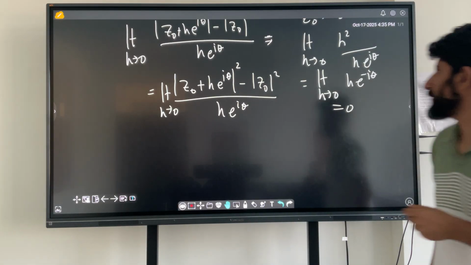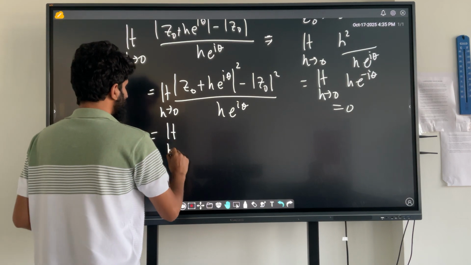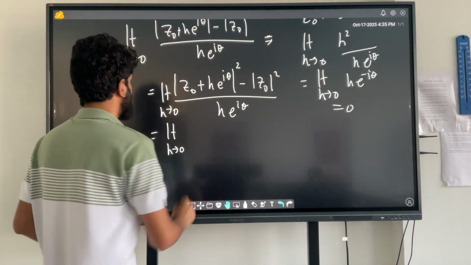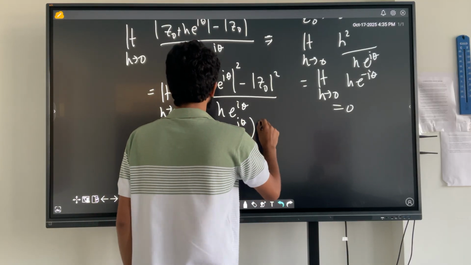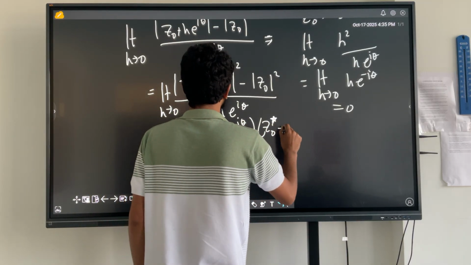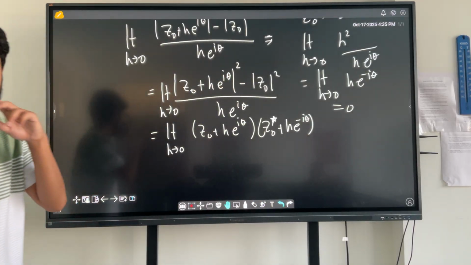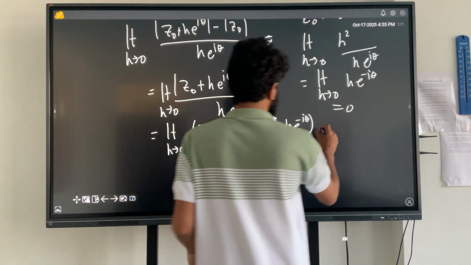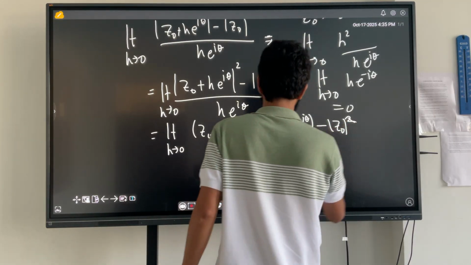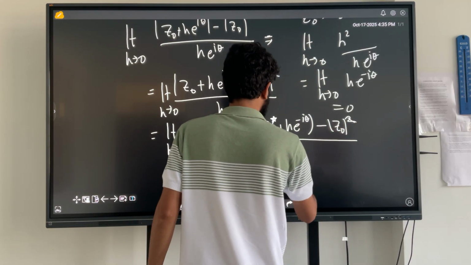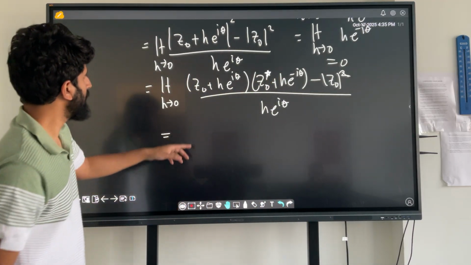Now, what is this doing? What is mod z square? It is z times z bar. So it is z naught plus h e^{i theta} times z naught star plus h e^{-i theta}, minus mod z naught square, divided by h e^{i theta}. What does this give?